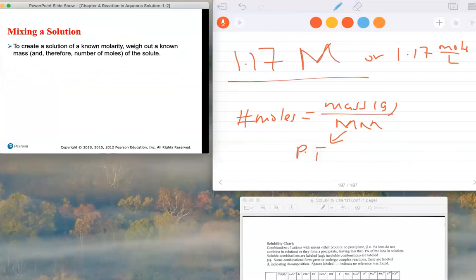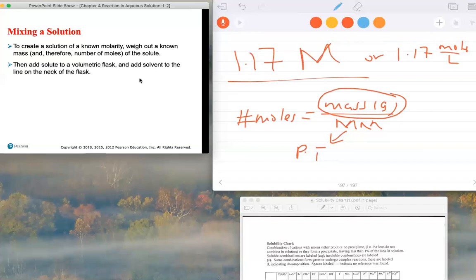First, let me walk you through how to prepare a solution, because you will prepare a solution at some point. That means you will weigh out certain grams of solute to dissolve in a given volume of solvent to end up with the desired molarity of solution.